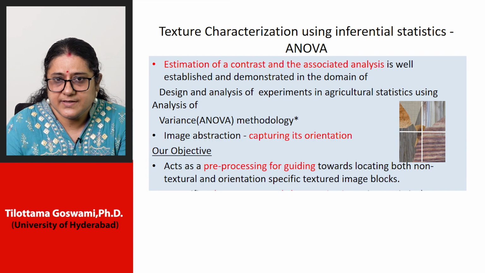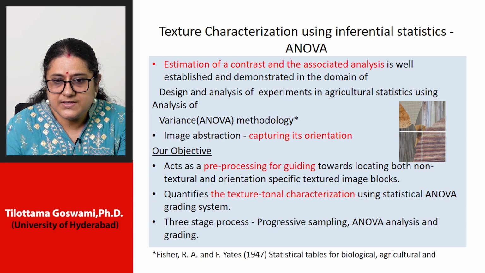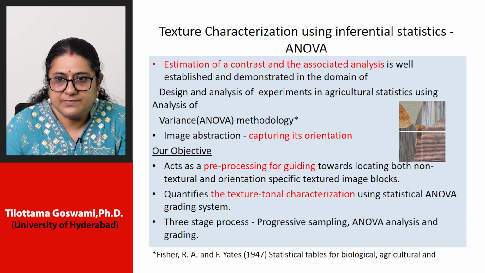So the texture characterization using the inferential statistics was done using progressive sampling. Given this image, whether it is column significant or row significant, or there is no relation between the row and the column, these are some of the hypotheses, and this has been found out by using inferential statistics.